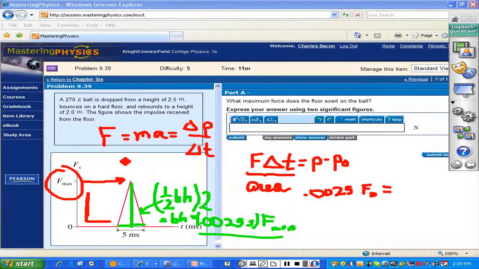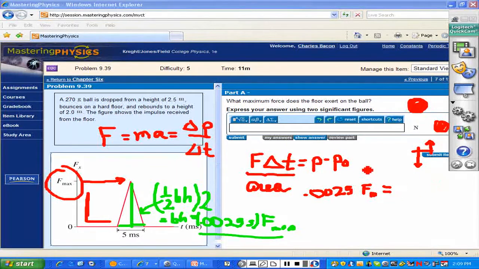All right, well, the object is going from, let's pick it up here, the object is released from 2.5 meters. It strikes the floor and rebounds to 2 meters. So really what we want to know is how fast does the object strike the floor, and then how fast does the object leave the floor.